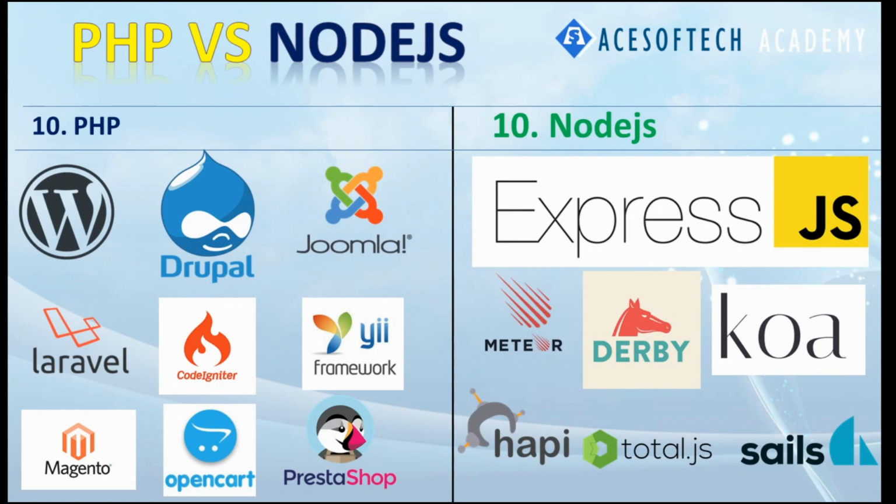And as regards e-commerce, you can use Magento, OpenCart, and PrestaShop. These are also developed using PHP and MySQL. And in case of Node.js, it also has some frameworks, for example, Express.js, Meteor, Derby, Koa, Hapi, Total.js, and Sails.js.